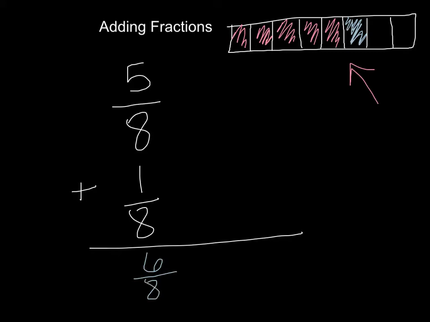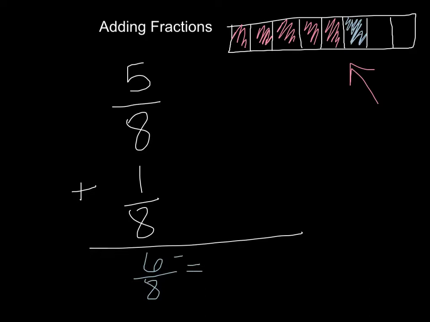One thing we want to keep in mind, though, is it's always best if we can simplify or reduce fractions so that we show them in the simplest terms possible. In this case, I see 6/8, and I think to myself, okay, is there a number I can divide 6 and 8 by that will help me simplify those terms and make this a little easier to visualize?